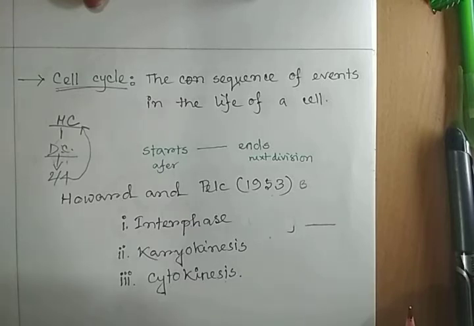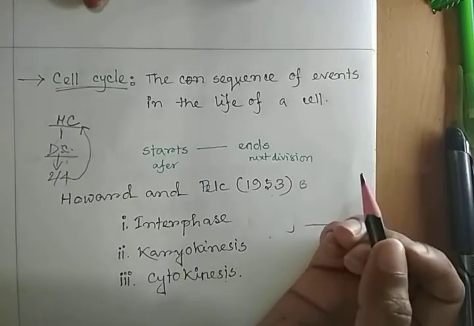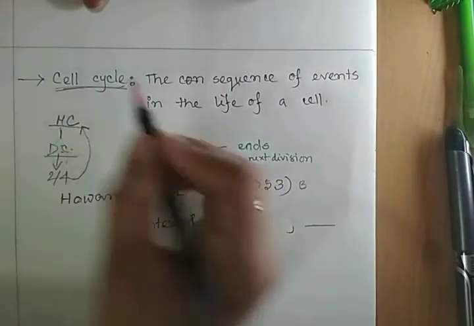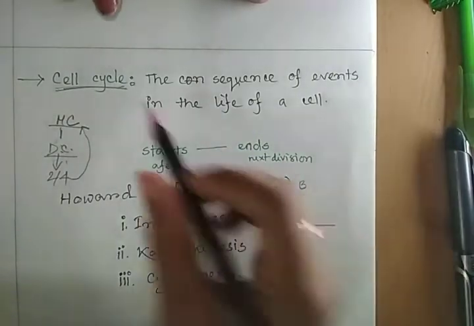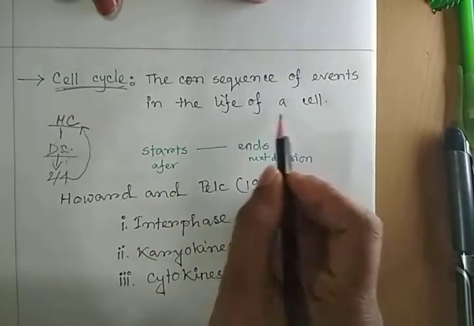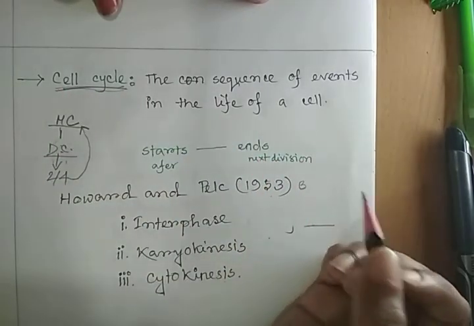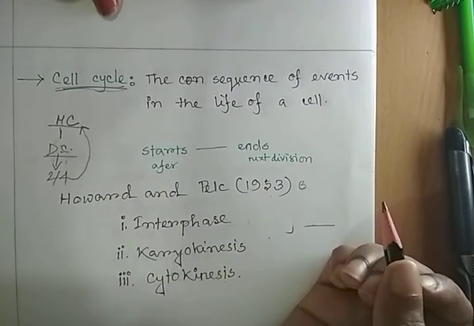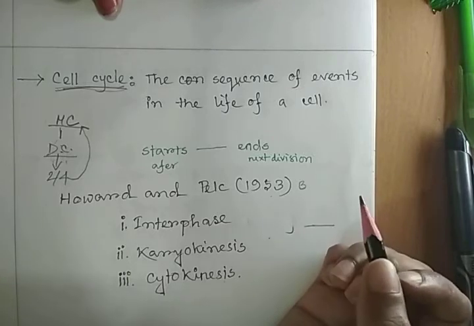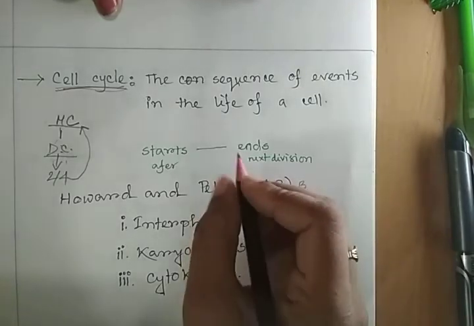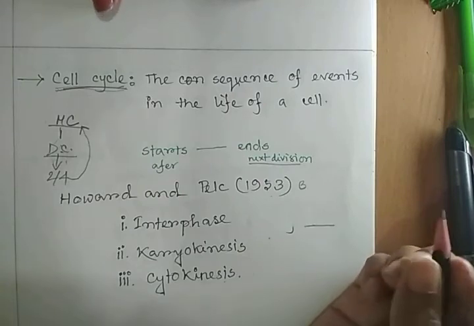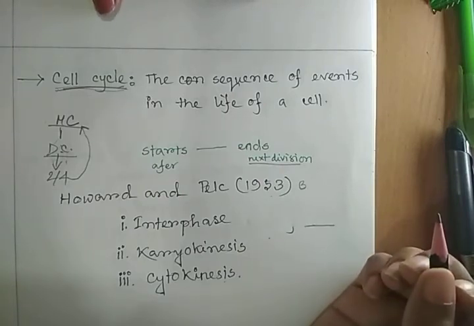This information indicates that cell division is a cyclic process, and this cyclic process is known as the cell cycle. The cell cycle is the sequence of events in the life of a cell. This cell cycle starts after a division and ends with the completion of the next division. The cell cycle is a continuous process.